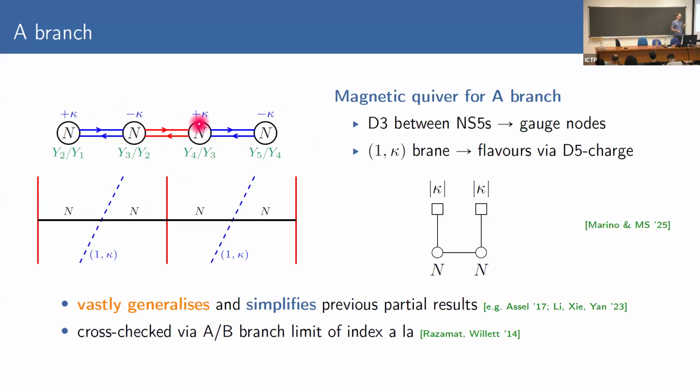So you compute the index with the N=2 R symmetry and the axial U(1) symmetry. Then you take a combination of them, call them x and t. If you take one of the combinations to 0, the other one is basically the Hilbert series fugacity on the A branch, whereas if you do the other limit, you get the Hilbert series fugacity on the B branch. Right?